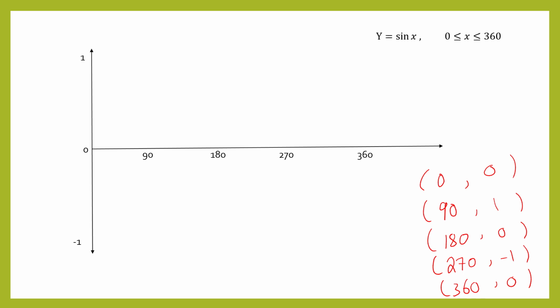So let's plot the points in here. The first point is 0 and 0, then 90 and 1, then 180 and 0, then 270 and -1, then 360 and 0. Then you can draw the graph. So here is the graph of sine in the range from 0 till 360 degrees.